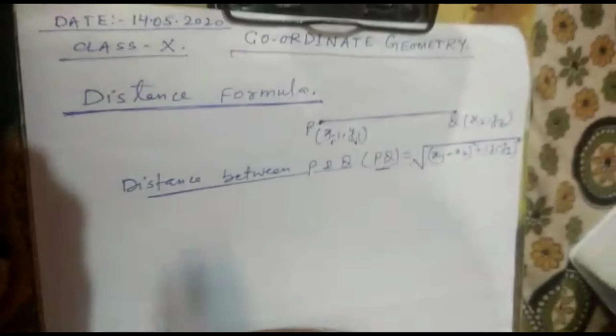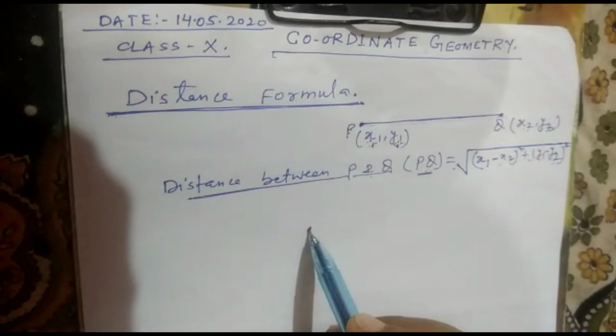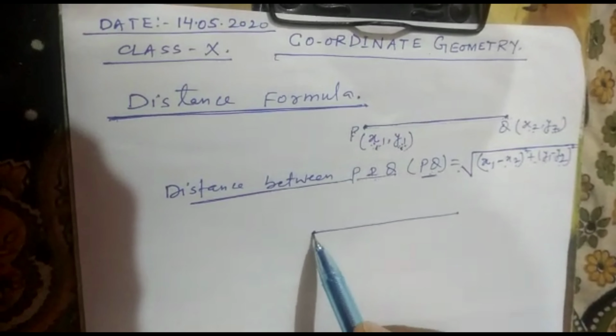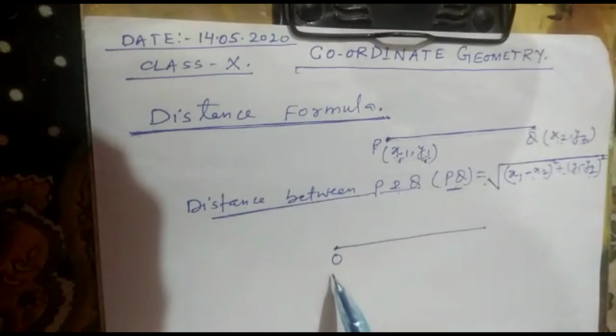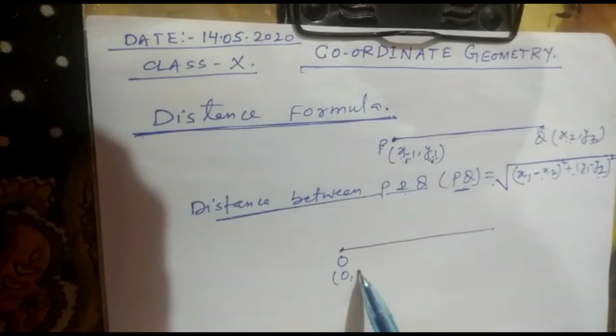But the question is, if the initial point is the origin, meaning O, whose coordinates you know, the coordinates of the origin are 0, 0.